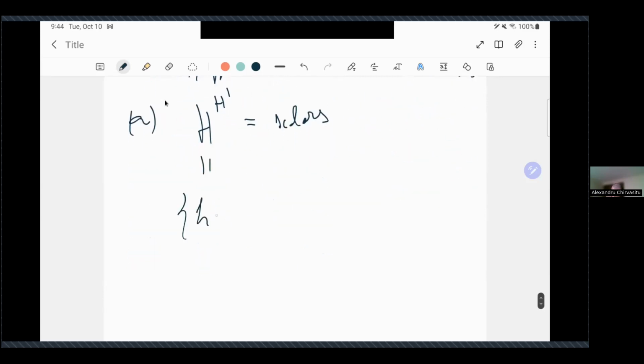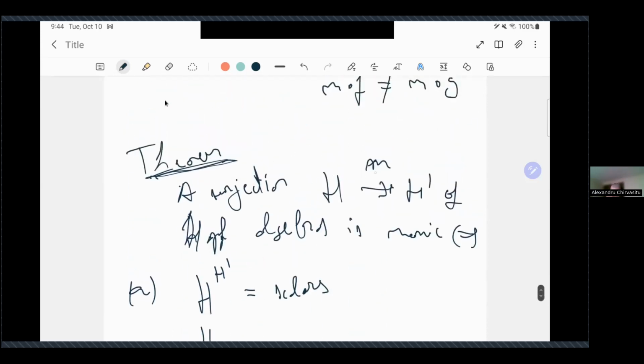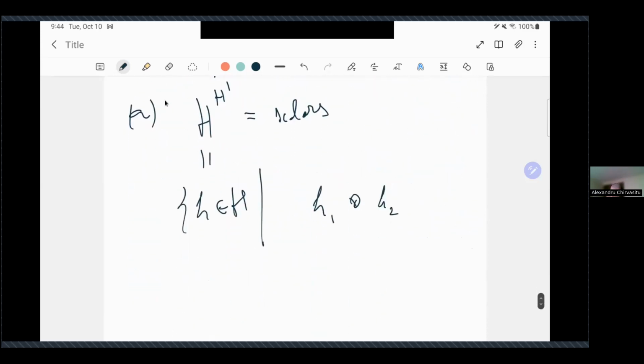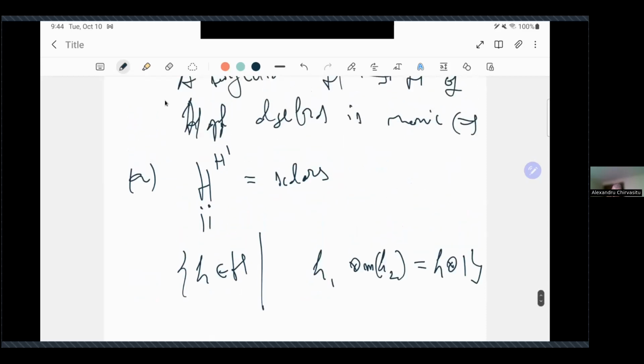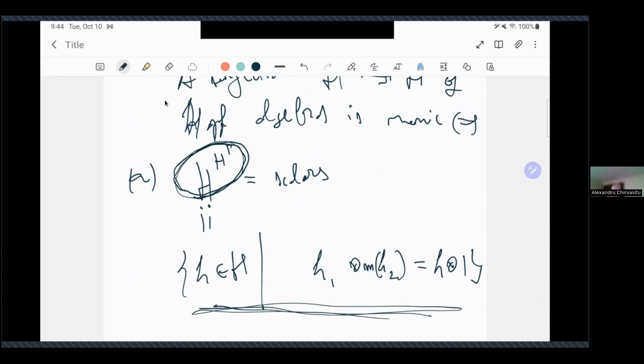These are the elements of H such that if I first apply the co-multiplication of the Hopf algebra, H1 tensor H2, and then I apply my morphism on one tensorand, I just get the stupid coaction by the scalars, H tensor 1. This is the definition of the coinvariance. That's my notation for this. So the circled thing is notation for that set.